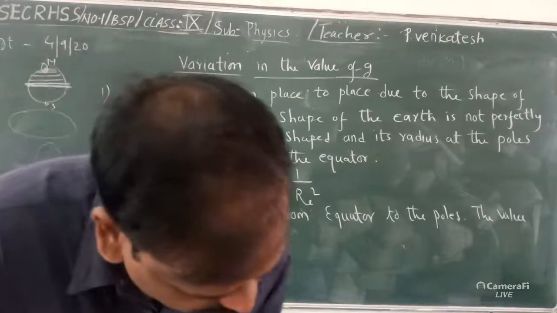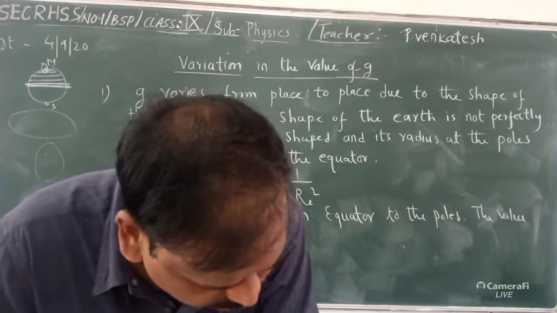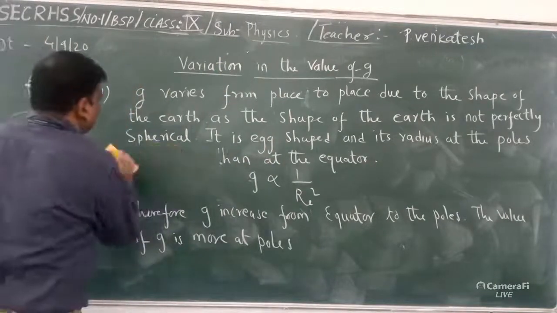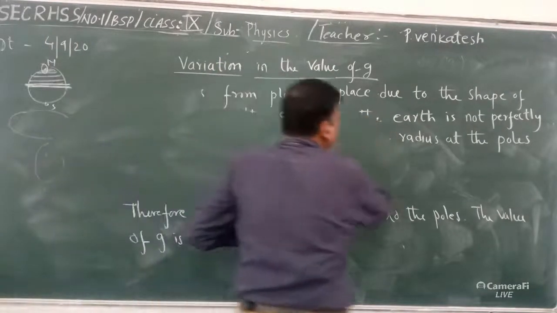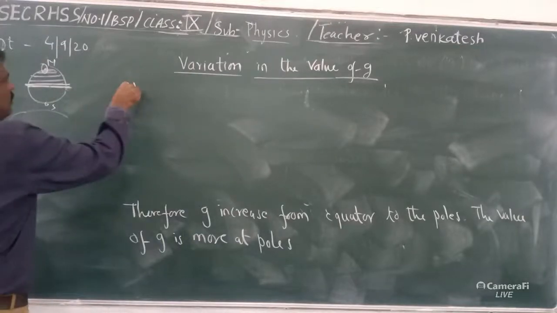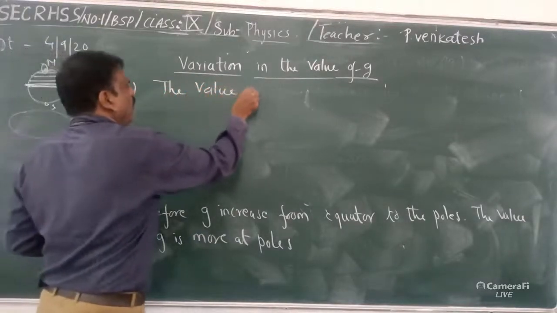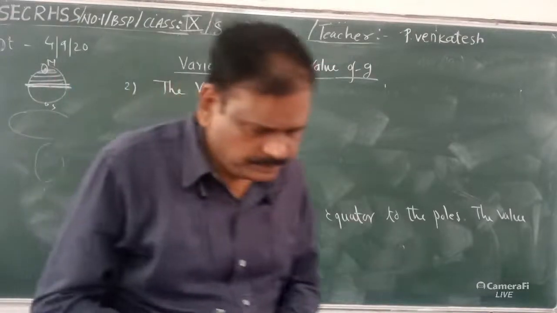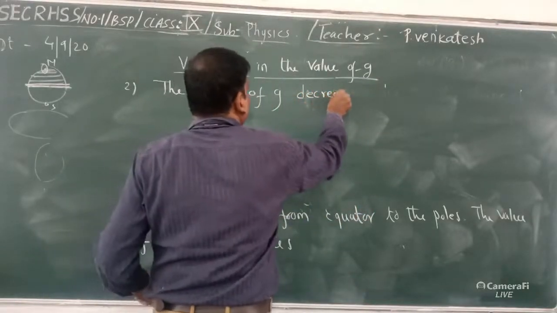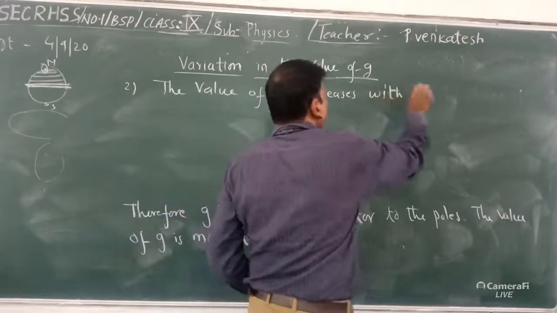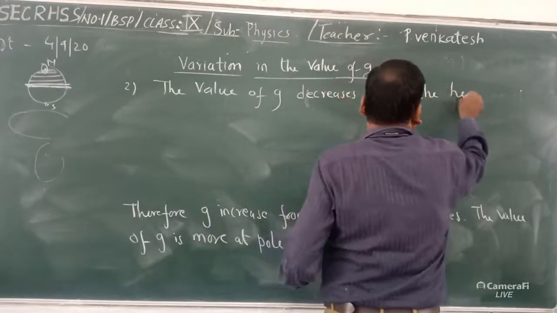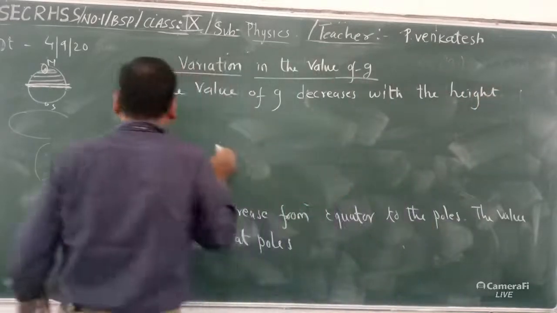Go on, take down fast. Second, the value of G decreases with the height from the surface of the earth.